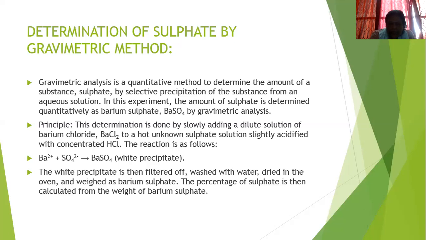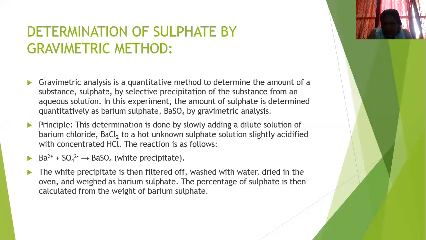In this experiment, the amount of sulfate is determined quantitatively as barium sulfate, BaSO4, by gravimetric analysis. So the principle is that the determination is done by slowly adding a dilute solution of barium chloride to a hot solution of sulfate slightly acidified with concentrated HCl.